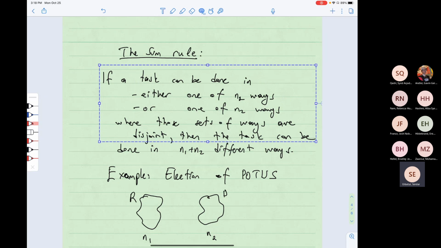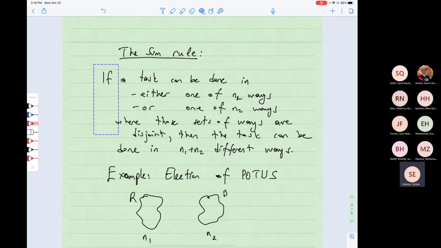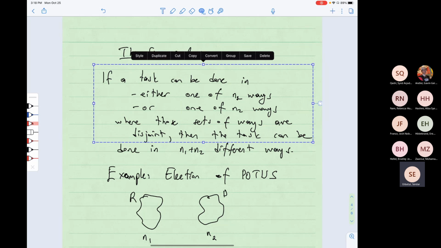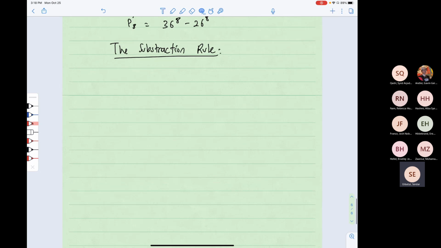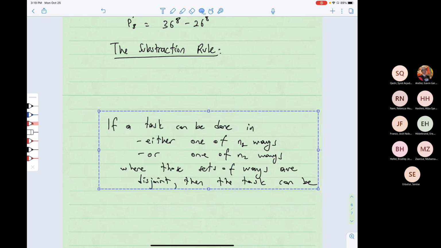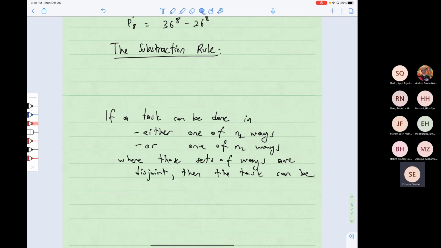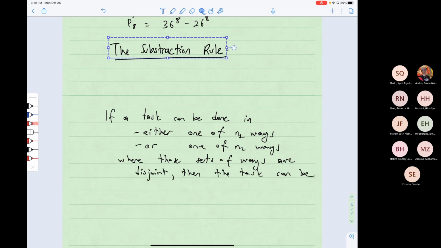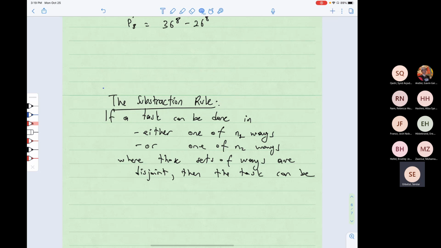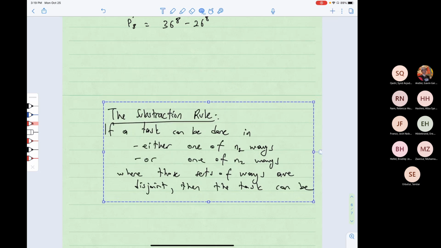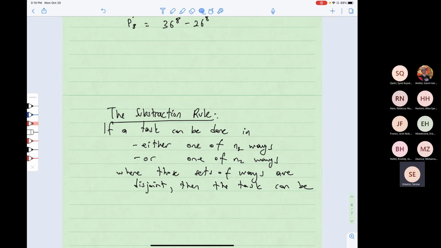Almost the same wording, but there is a slight change. If a task can be done in either one way or another, but the ways are not disjoint anymore.